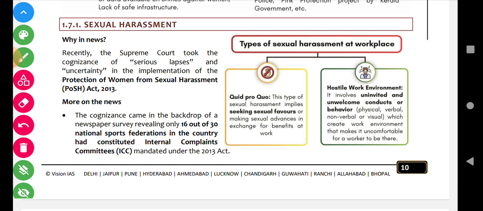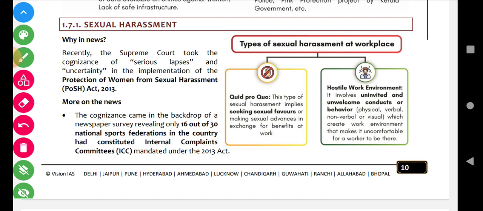The Nirbhaya Fund and Beti Bachao Beti Padhao campaign were launched in 2010-2012. After that, the Protection of Women from Sexual Harassment Act was enacted by Parliament.